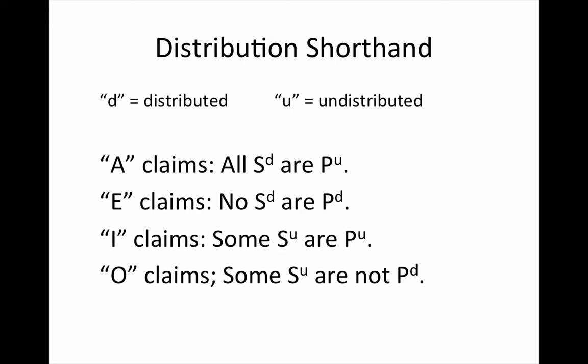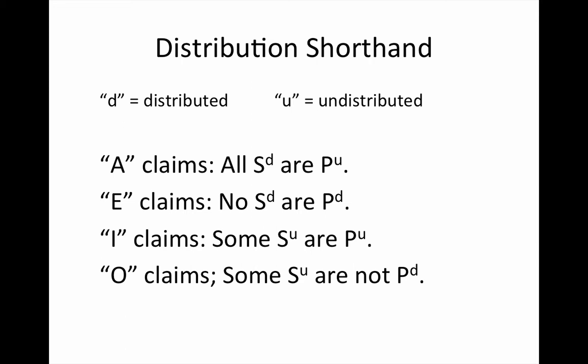Don't forget our distribution shorthand. You learned this back in Chapter 5. When we're looking at individual propositions in a categorical syllogism, we're looking to see whether the subject class, regardless of whether we're talking about the major, the minor, or the middle term, is distributed or not. The same goes for the predicate class. Suppose you're looking at a syllogism in which the minor premise is a universal affirmative, and you're looking at figure 4.